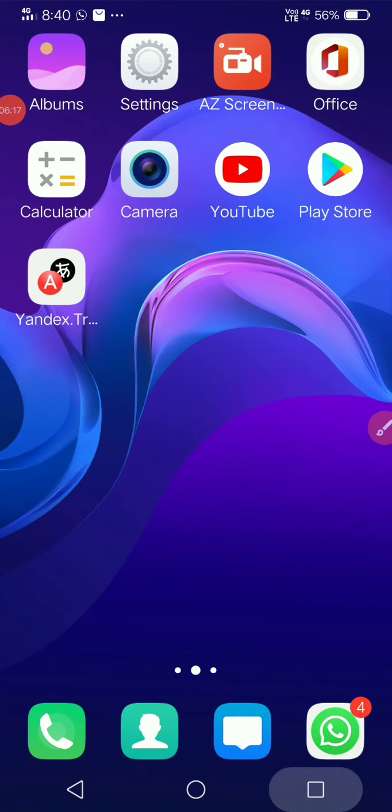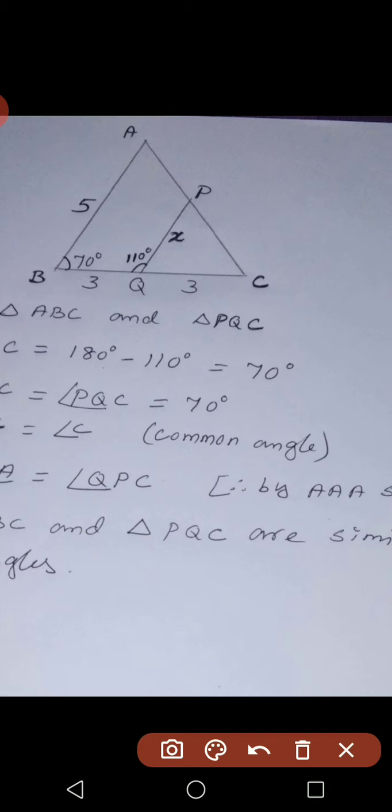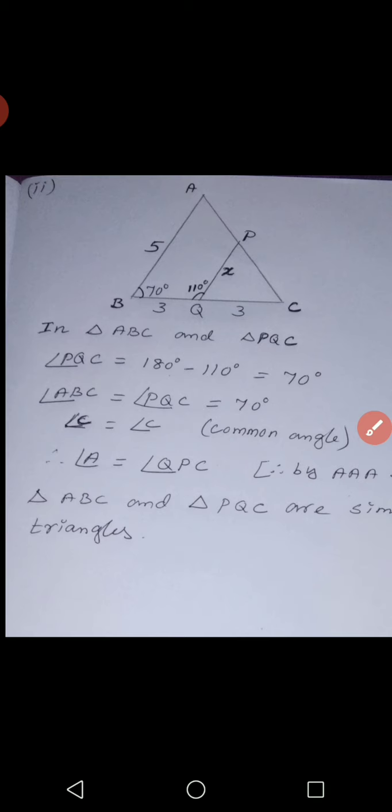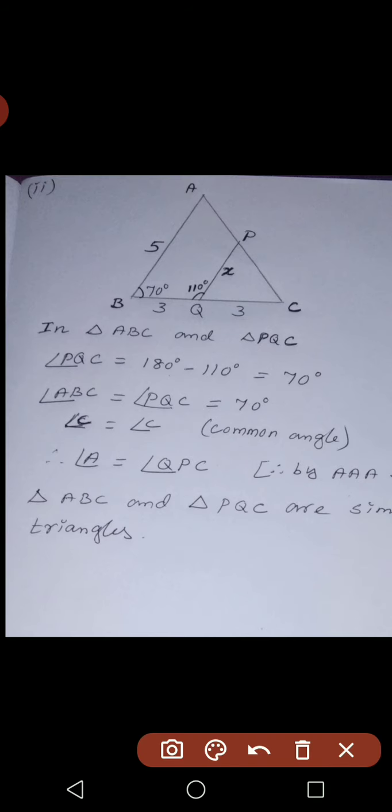See, in the big triangle ABC, take this angle PQC. Here angle B is given as 70 degrees, and this side is given as 110 degrees.